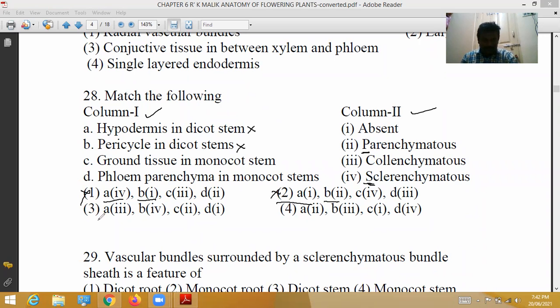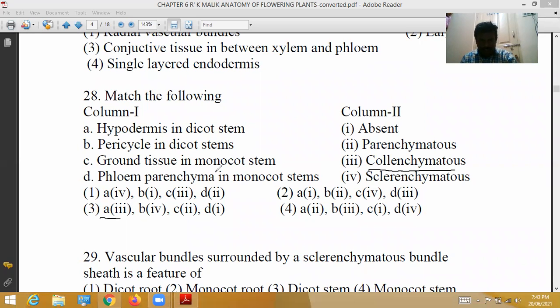Let's come to the third option. Hypodermis in dicot stem is collenchymatous. Yes.